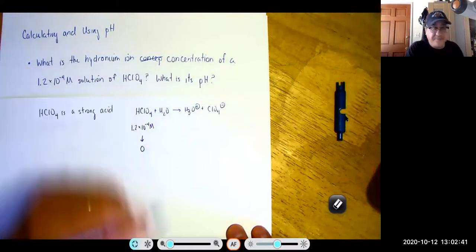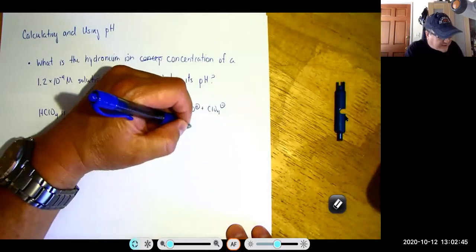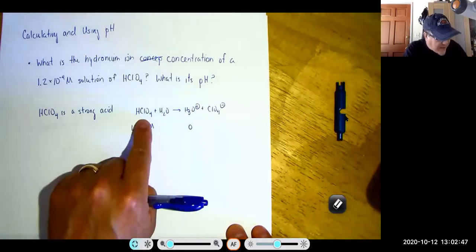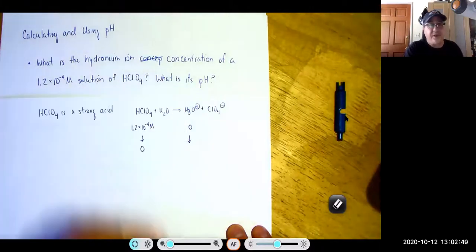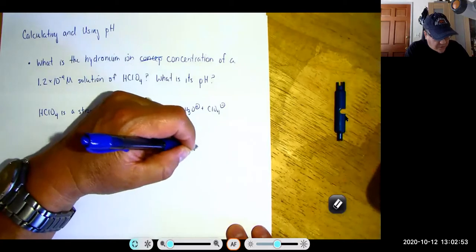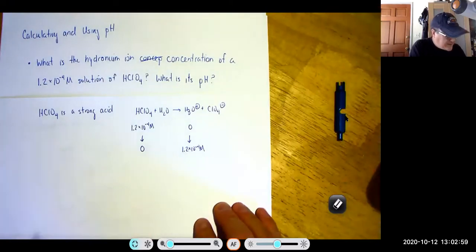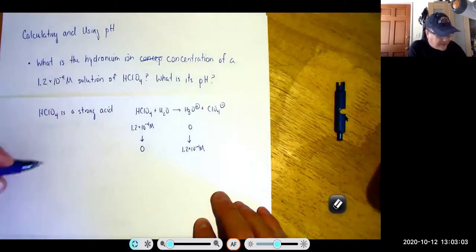0. And if this concentration essentially starts at 0, but all of these react, what is its new concentration? 1.2 times 10 to the minus 4 molar. So to calculate the hydronium ion concentration, it's just that.